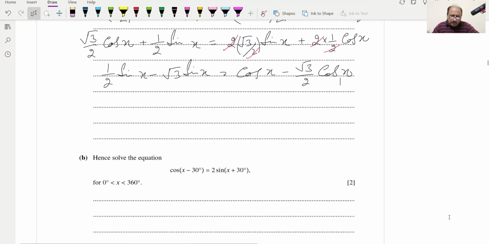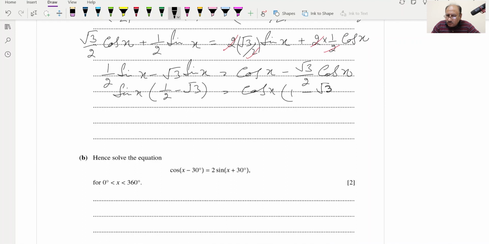Now we can take common sine x and cos x. If we take common, sine x inside will be 1 by 2 minus under root 3, and cos x we can take common from here and it will be 1 minus under root 3 over 2.